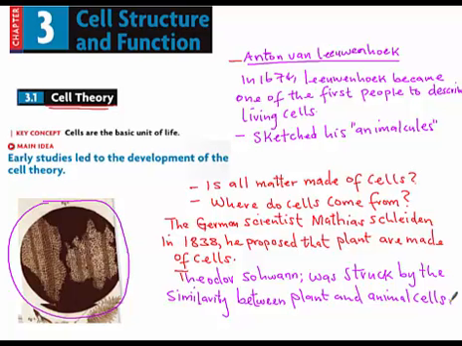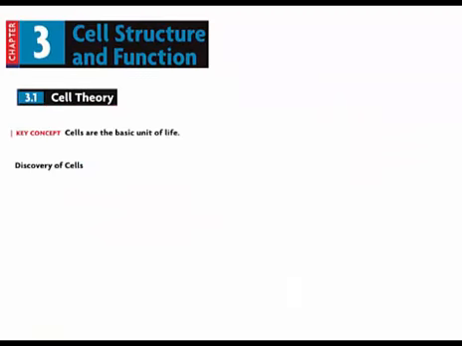To him, this was something very unique, and not only him, even up to now, it still amazes people. How come plant and animal cells are the same, or almost look the same, or have the same parts? So after being struck, Schwann concluded that all animals are made of cells.